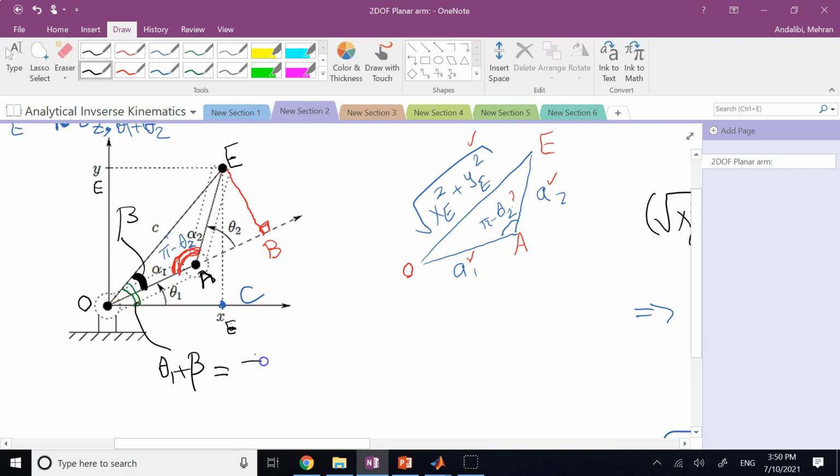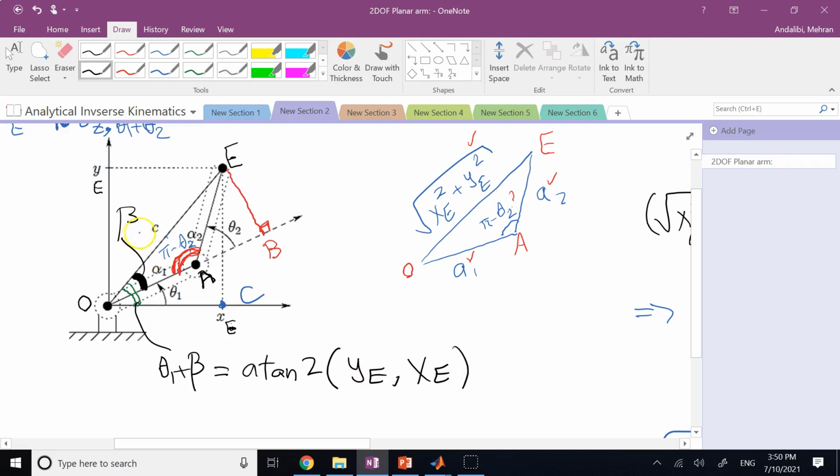So I can say this is arctangent 2 of what? Y of e and x of e, correct? So the sum of that angle beta and theta 1, which I'm about to find, is arctangent of y e and x e, and this is a given value because y e and x e are known.